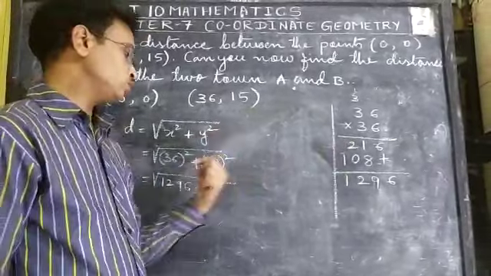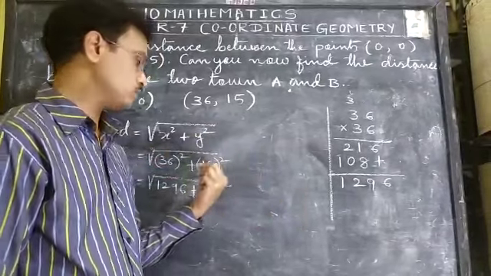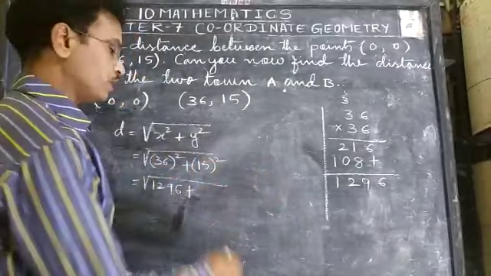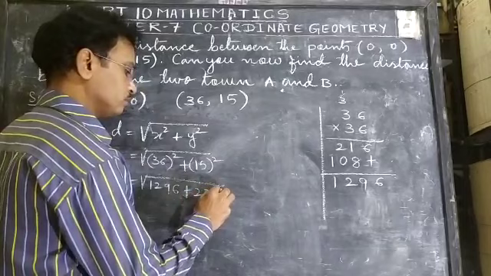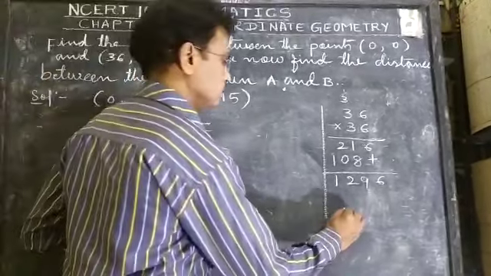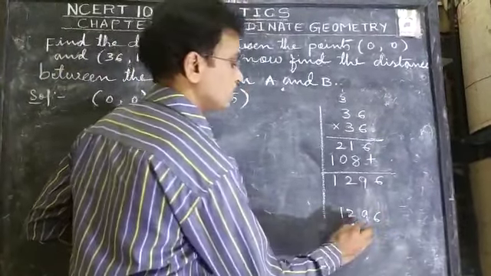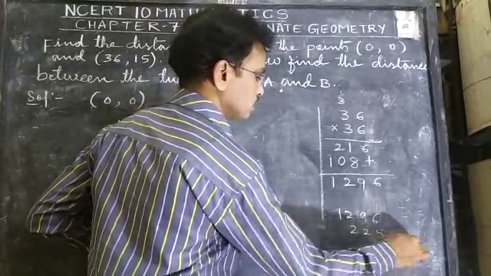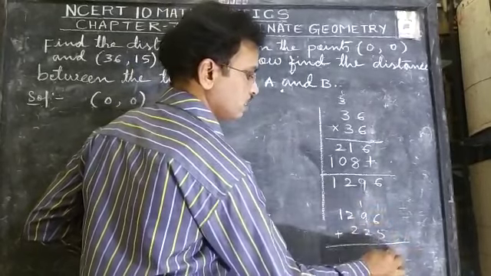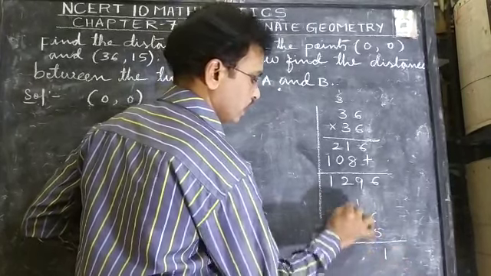In the same way, you should multiply 15 into 15. You know that this is a small number, so we can write directly 15 15s are 225. Then add these two values. 1296 plus 225. 5 plus 6, 11. 9, 10 plus 2, 12.